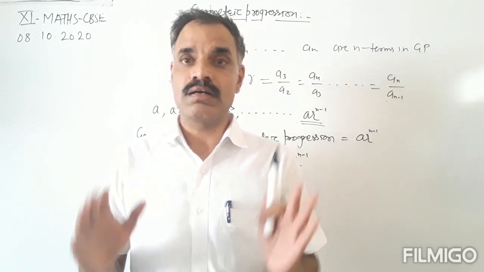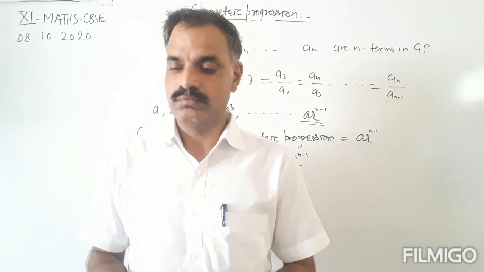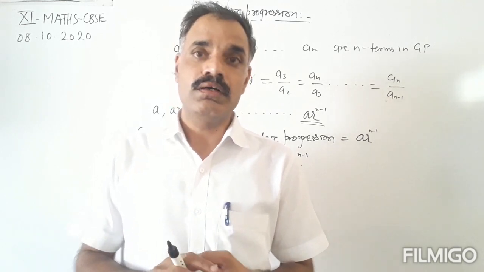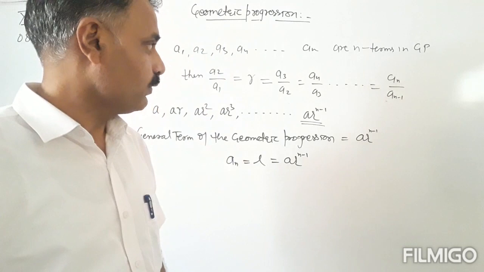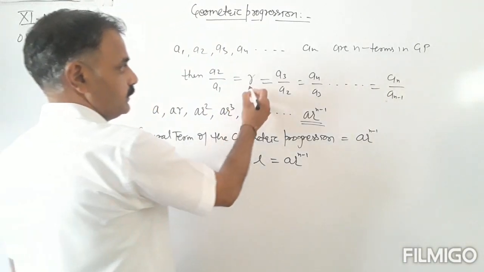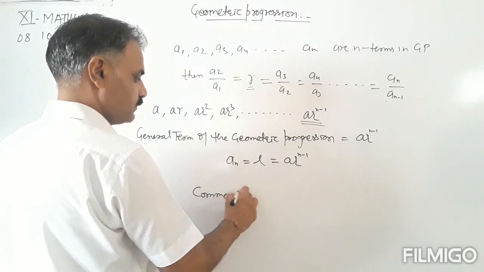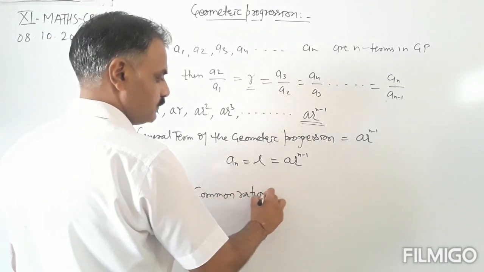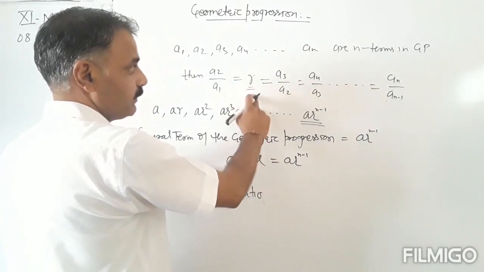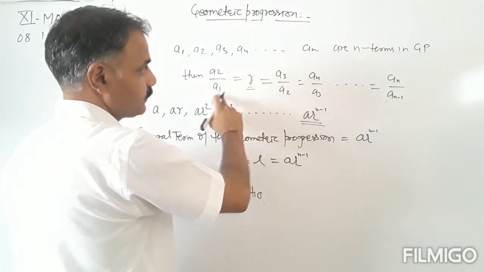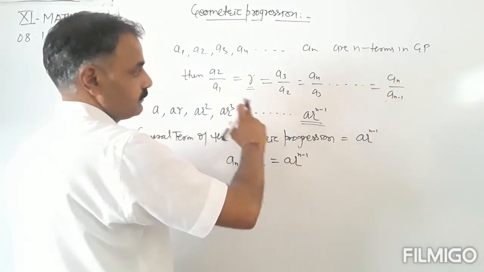Okay, now this is the general term. Now we will find the sum of n terms. But before this, common ratio. This is called the common ratio, as this is common in all terms.